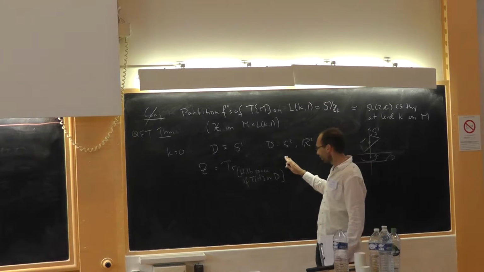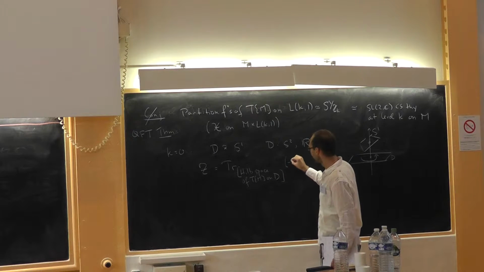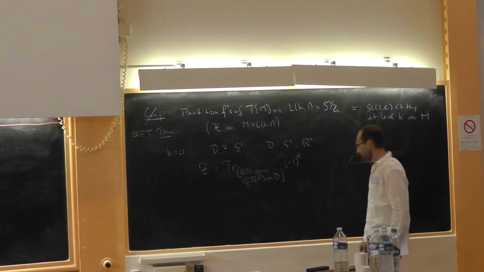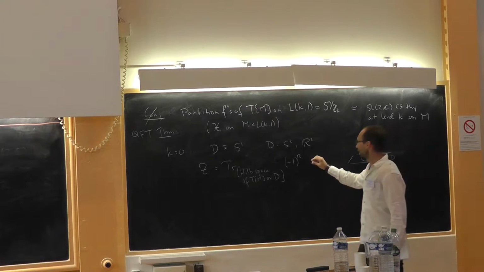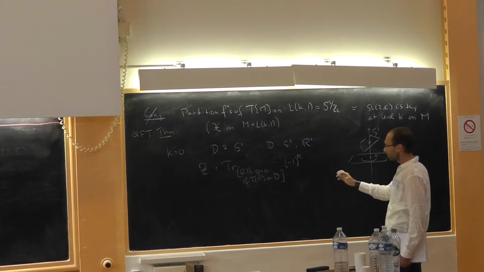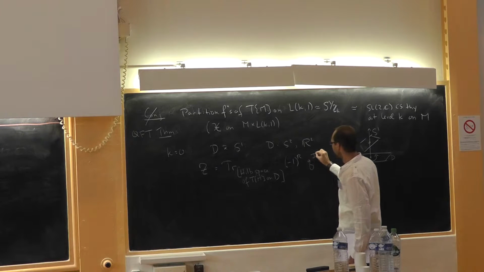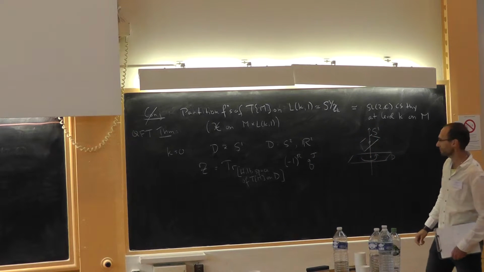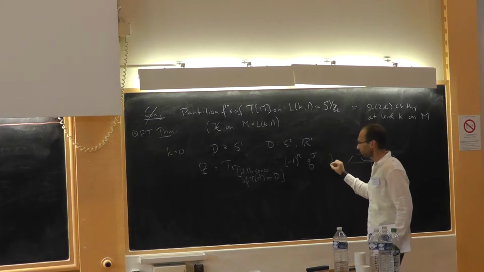Because there are fermions involved, and this is a supersymmetric theory, there's a (-1)^R. And because the geometry is spinning, there's a q^J. Possibly other stuff.